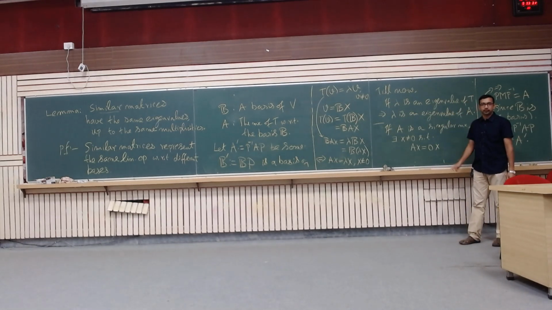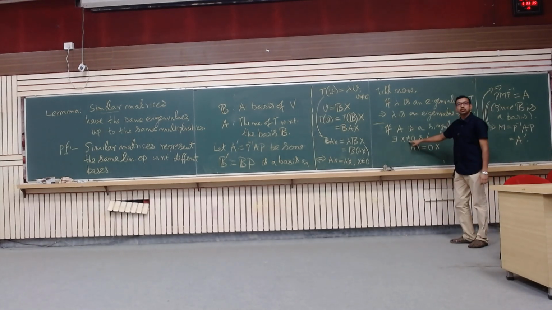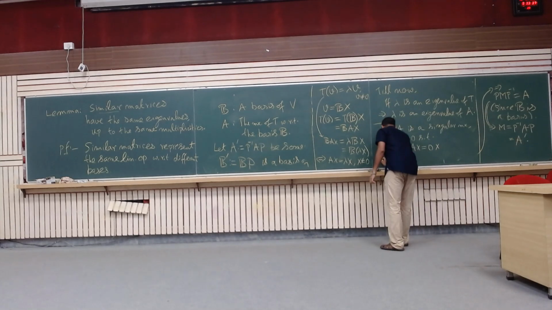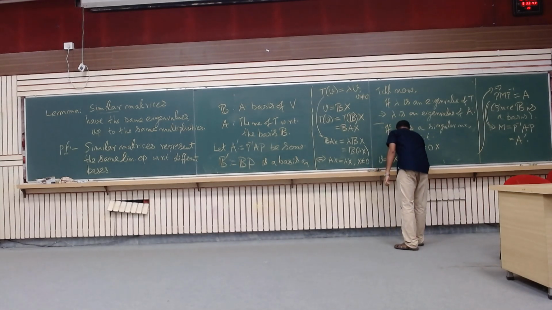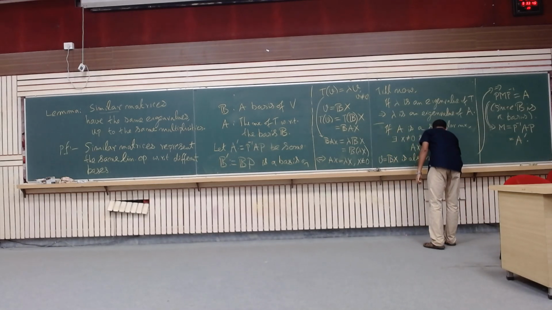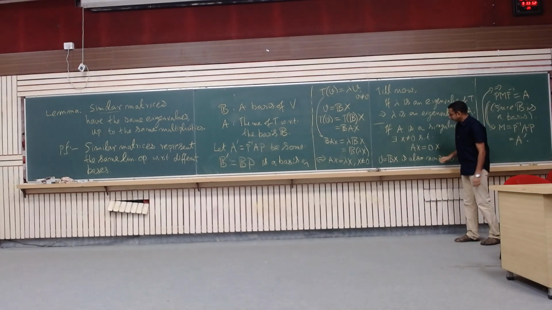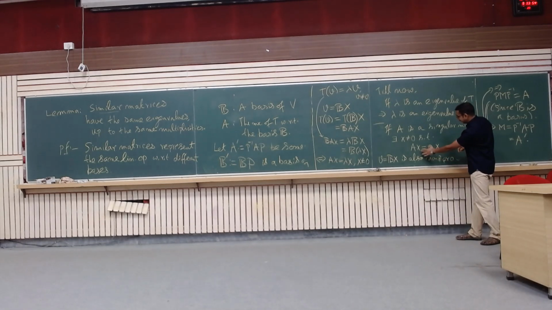It's a 0 vector. Now, since x is not equal to 0, v equal to Bx is also non-zero, right? Now, we know that Ax is equal to 0 times x, right?